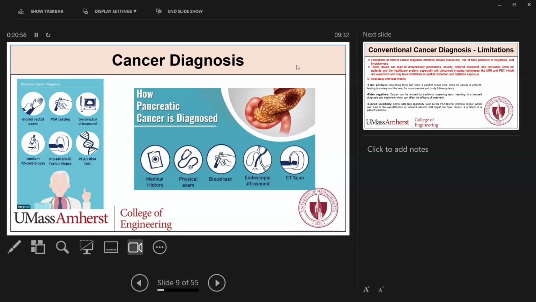And also, don't you think it takes a lot of time? By the time they detect or diagnose the cancer, the patient is at a huge risk, right? Yeah, non-curable at an aggressive stage. Exactly.